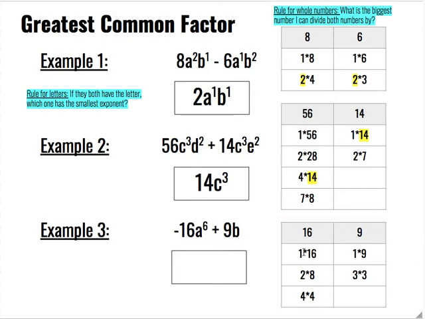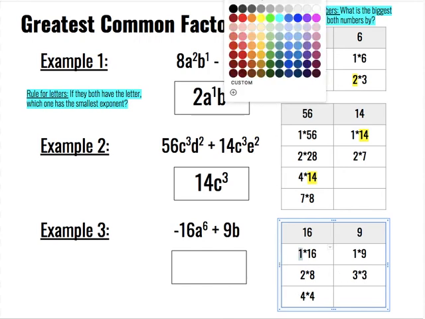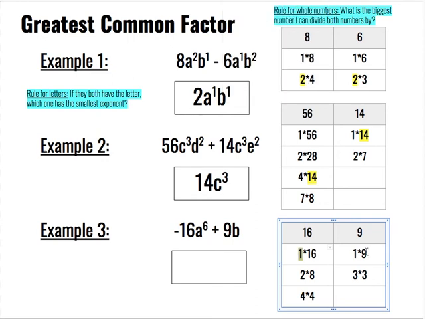Out of those, what is the biggest number that they both share in common that is in both lists? So the biggest one, notice that they don't all have 16s or 9s or 8s or 3s or 4s or 2s. The biggest thing that they both share in common is a 1. And that's okay. That means that they still have a greatest common factor. It just happens to be 1 this time.